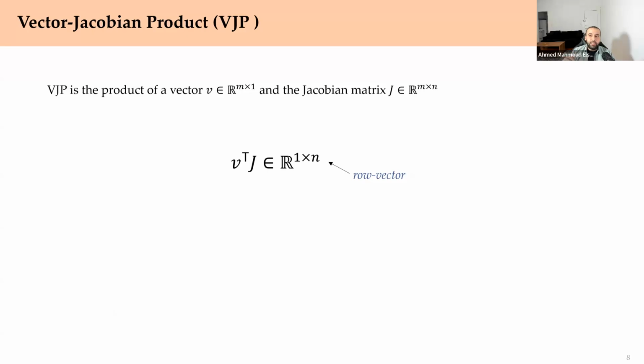Here the vector v lives in the output space, so it has m number of entries, and it multiplies the Jacobian from the left. Or the way that you will usually see it written and implemented, we do the transpose. Now you transpose the Jacobian and multiply it from the right by a vector. It is the same thing, but now the result that you get from this operation lives in the input space. That means that the output will have n number of entries.